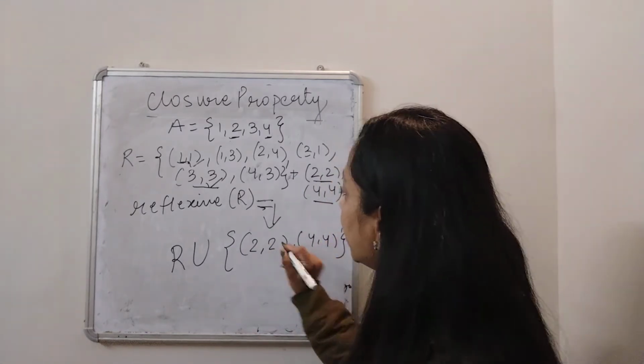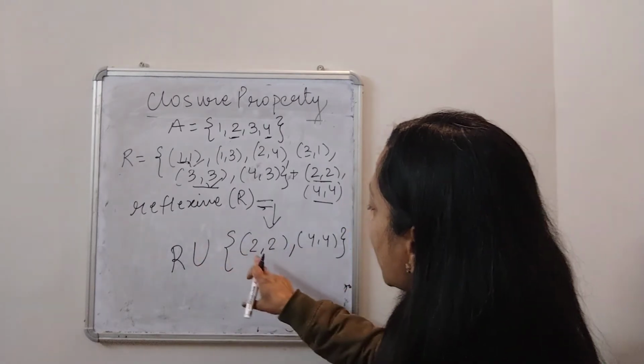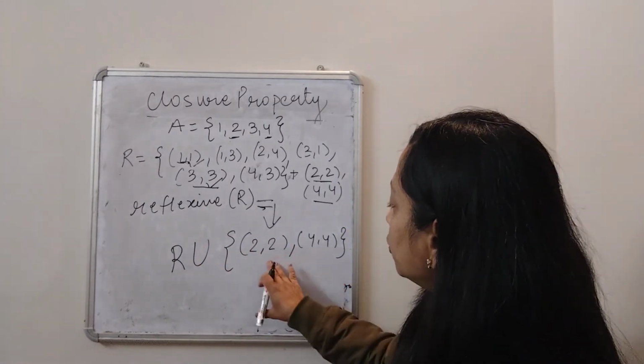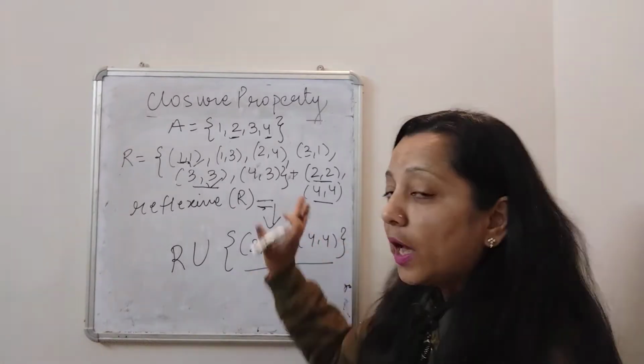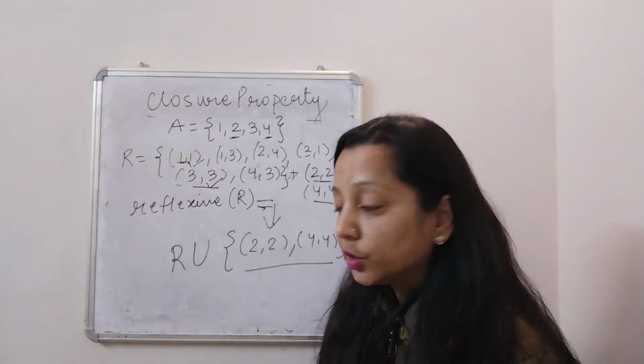If I do the union of R with the set having these two coordinate pairs 2 2 and 4 4, I will achieve the reflexive closure.